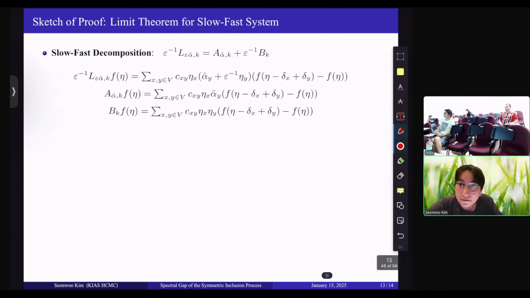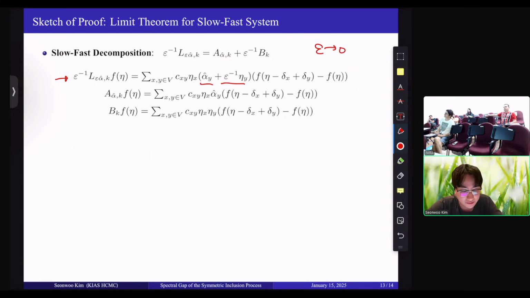I'll get to this. For this, I think I have to skip most of the details. So a few main ideas, I'll just mention the keywords. First, we are dealing with the regime where epsilon is going to 0, right? So we decompose the generator, which is the original one. We first accelerate it by 1 over epsilon, and then you can see two terms here.